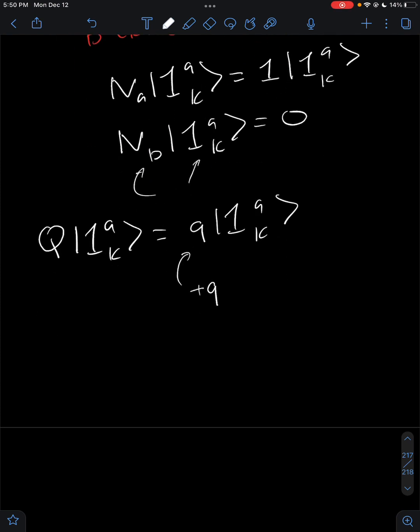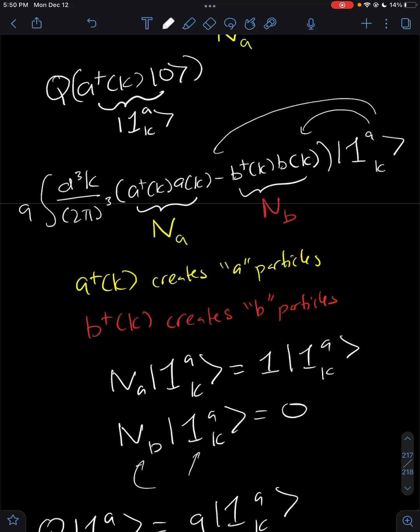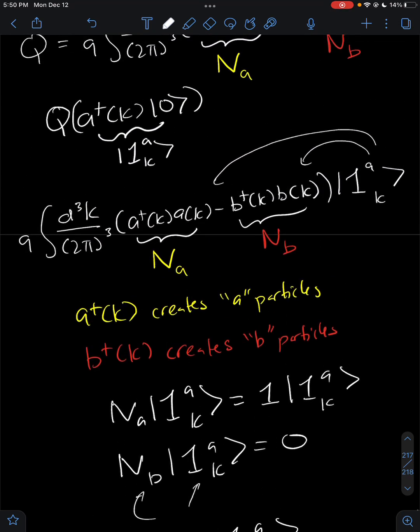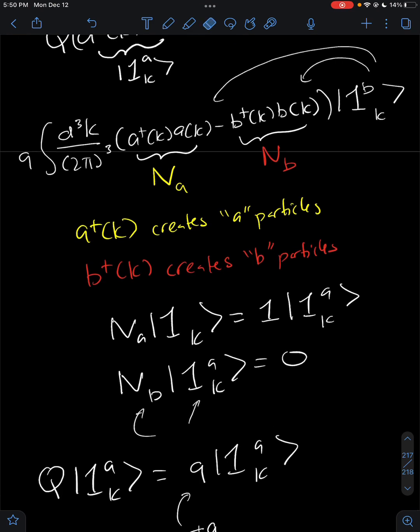So what happens when our charge operator acts on 1B particle with momentum k? Well, it's the same thing as before. If we had 1B particle, we would distribute it on the inside, and this time NA acting on the B particle is going to give us 0 since we have no A particles in the state. And then NB acting on the B particle is going to give us 1 times the same state.